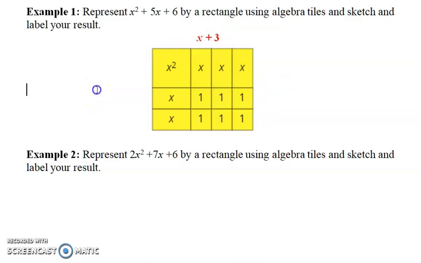And then this side here, remember this is x, these are 1s, so it's x plus 2. And that is the result of your sketch.